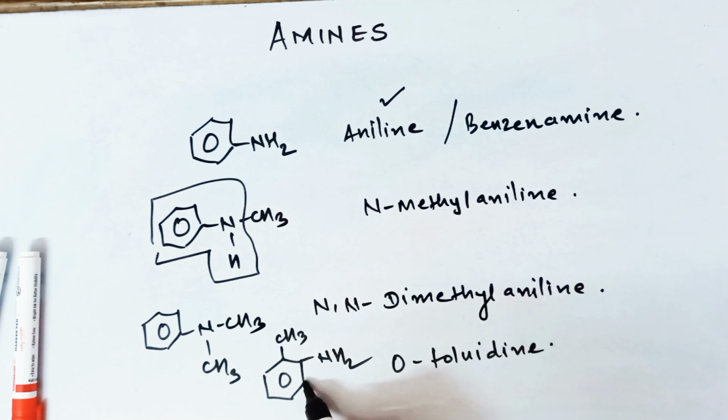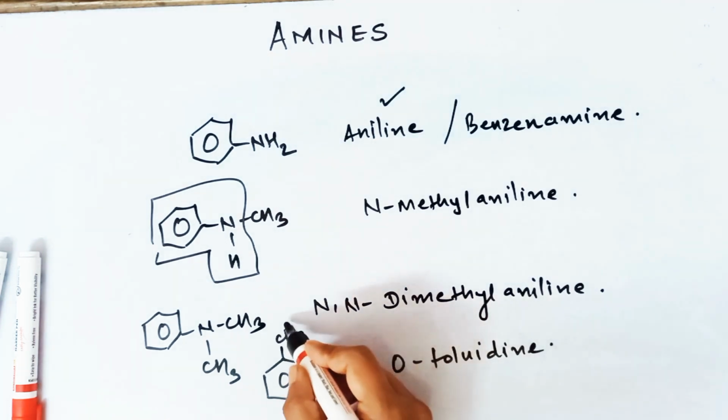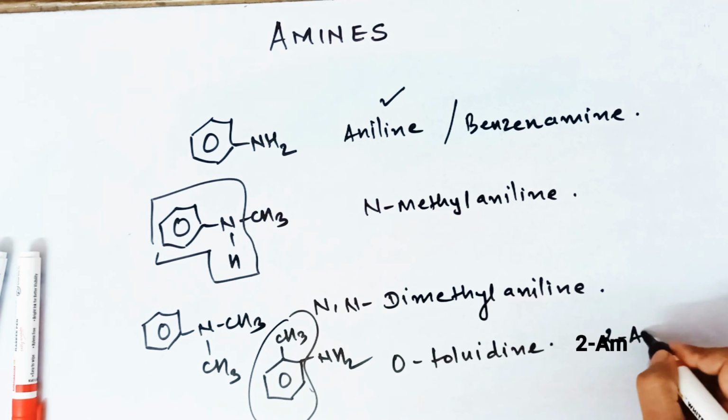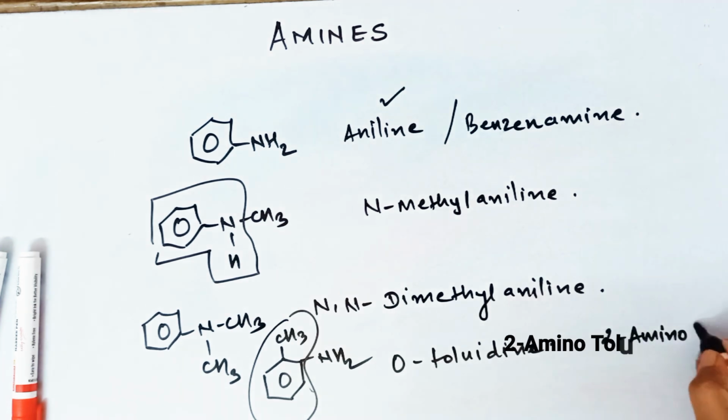Similarly, we can have meta-toluidine if NH2 comes at the meta position. Similarly, we can have para-toluidine if NH2 comes at the para position. In terms of nomenclature in the IUPAC system, we can call this compound toluene, and we'll say 2-aminotoluene is the IUPAC name, right? 2-aminotoluene is going to be the IUPAC name.